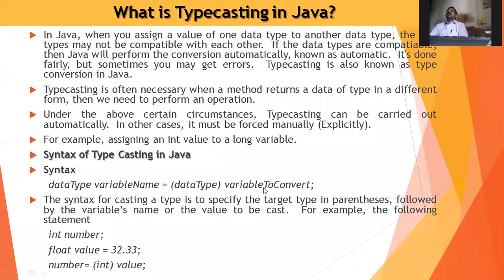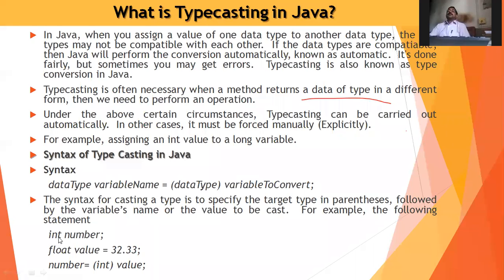The syntax for casting a type is to specify the target type in parentheses, followed by the variable's name or the value to be cast.